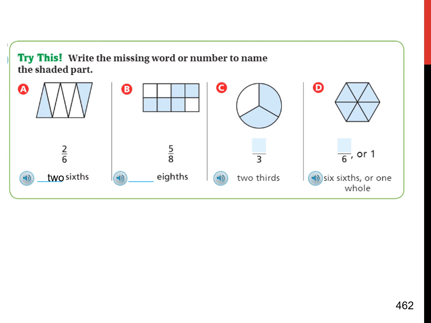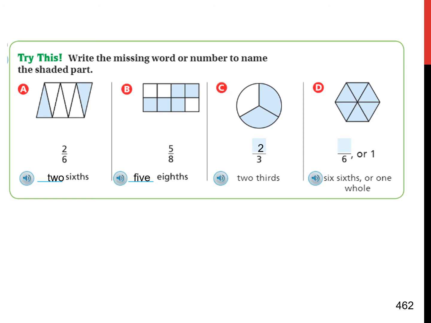So it is 5/8. See, I have a circle that is divided into 3 equal parts, and I have 2 shaded parts. So 2 out of 3, or we can say 2/3.